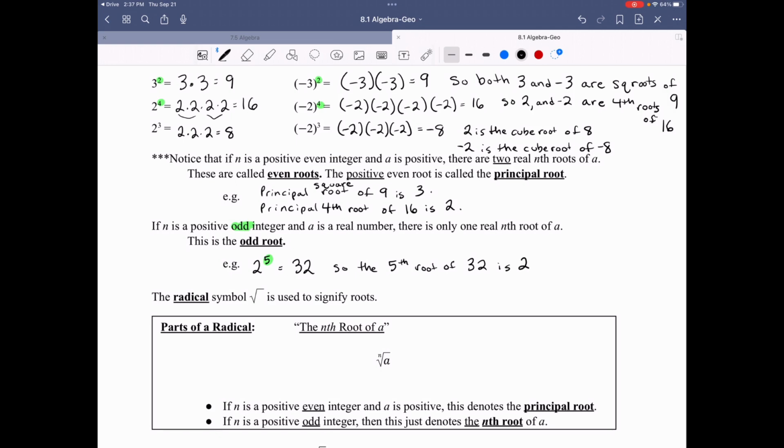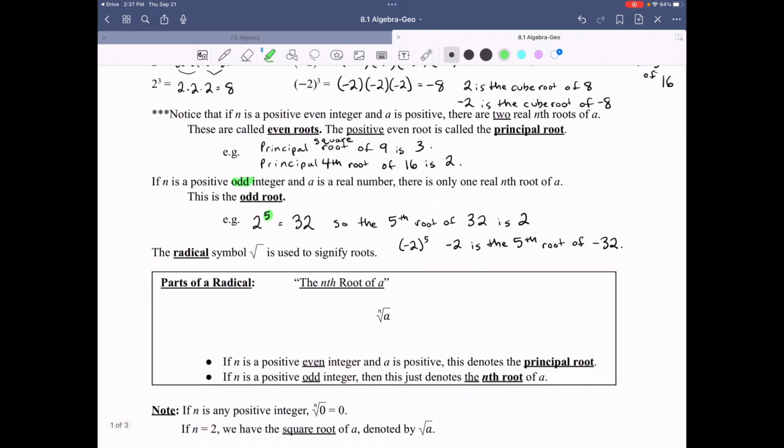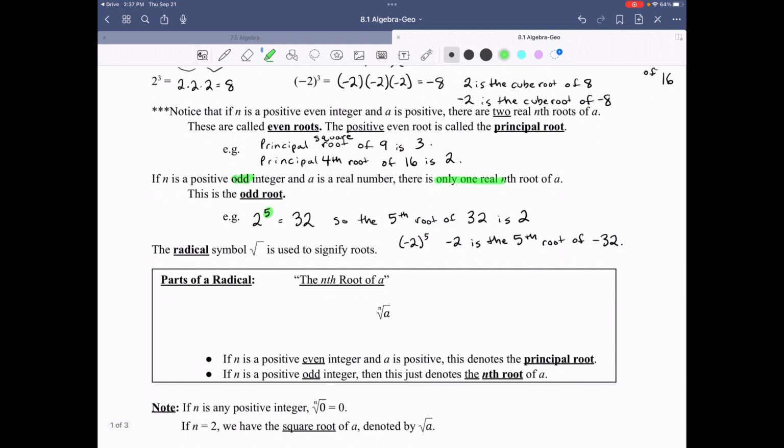And then if it were negative 2 to the 5th, that would give us a negative 32. So negative 2 is the 5th root of negative 32. So if it's odd, there's only one root, because the n was odd.